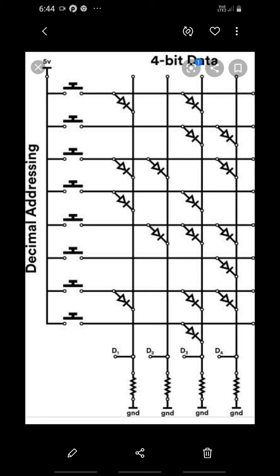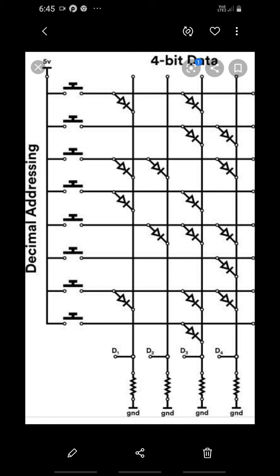So here R0 is equal to 1 0 1 0. Where the diode is connected, it means there is a flow of current. Where the diode is not connected, it means 0.